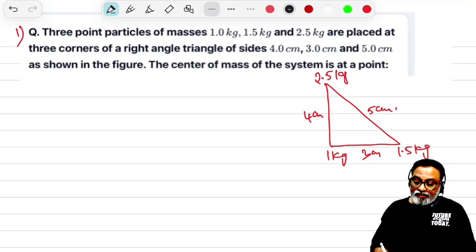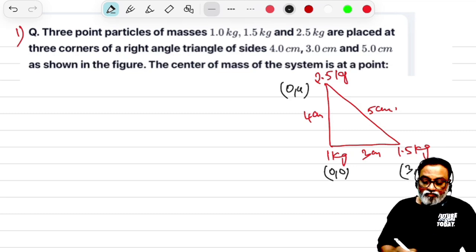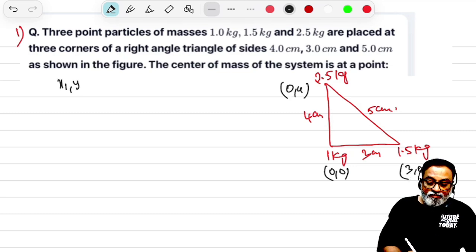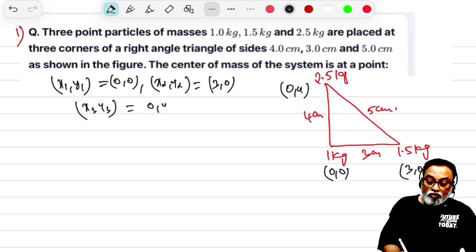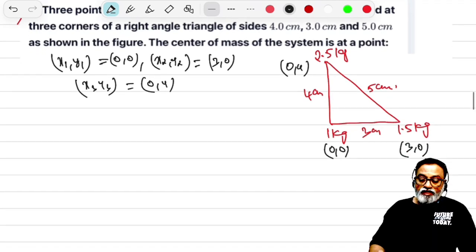This one is at the origin, therefore 0 comma 0, and here is 3 comma 0, this one is 0 comma 4. Means x1 comma y1 is equal to 0 comma 0, x2 comma y2 is equal to 3 comma 0, and x3 comma y3 is 0 comma 4.